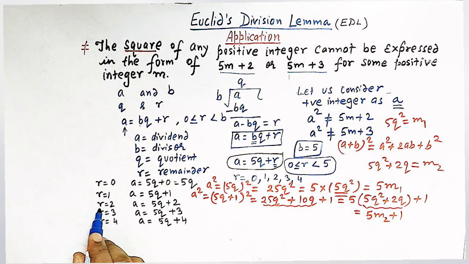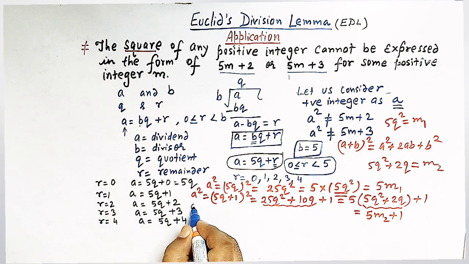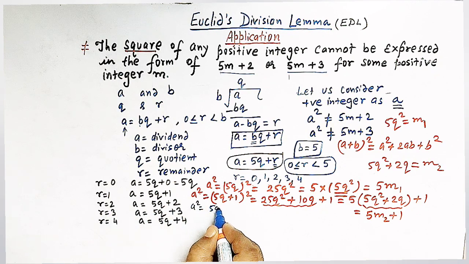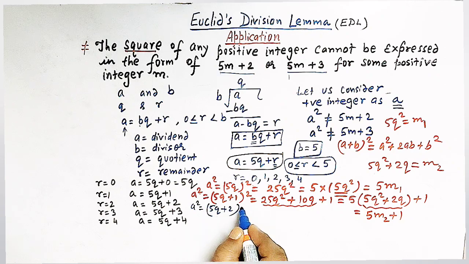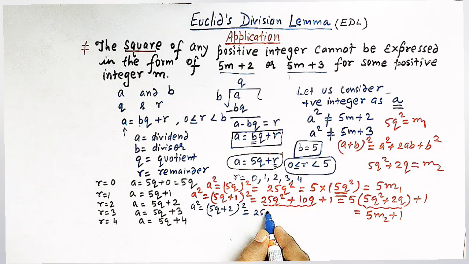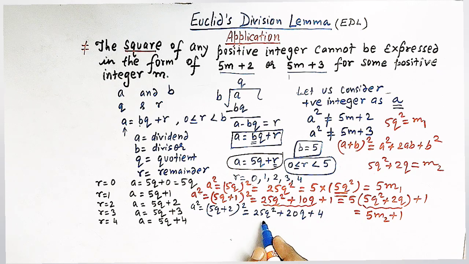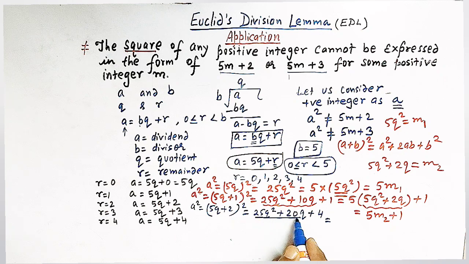So now when we have r is equal to 2, we have a is equal to 5q plus 2. So let us take a square. So here we have (5q plus 2) square. Again, applying this identity, here we have 25q square, then we have 20q, and here we have 4, right? Okay, so now here again we can combine these two terms, and we can take 5 common.